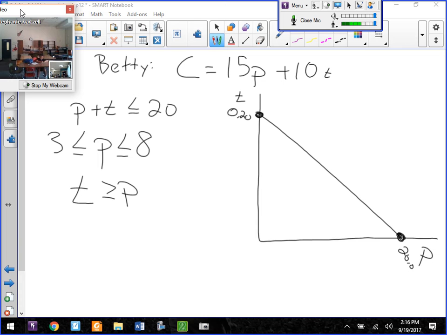Are we moving inward or outward? Moving inward, okay? We know it's got to be moving inward. Now, I have that 3 and the 8. Are the 3 and the 8 going to be verticals, or are they going to be horizontals? They're going to be verticals because my value of p is along the x-axis.